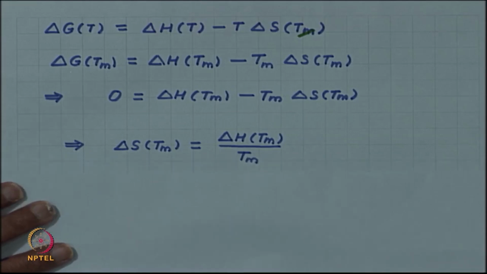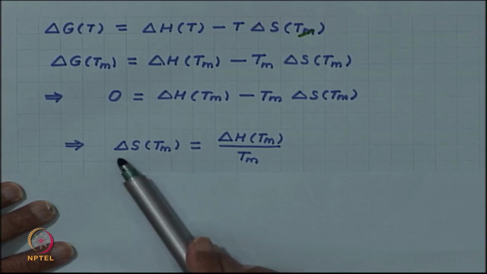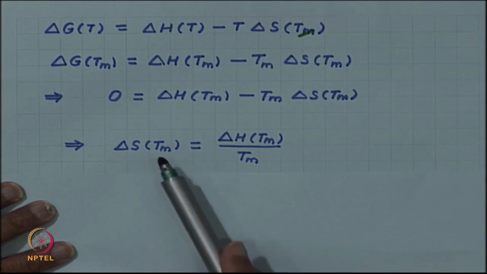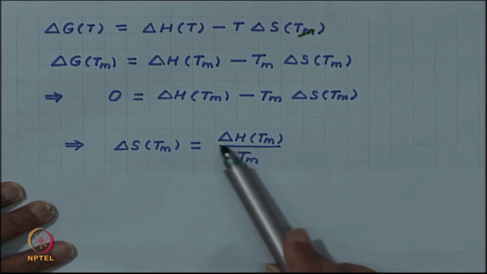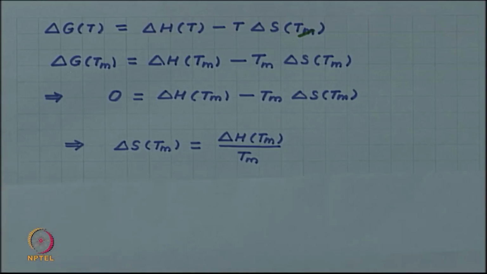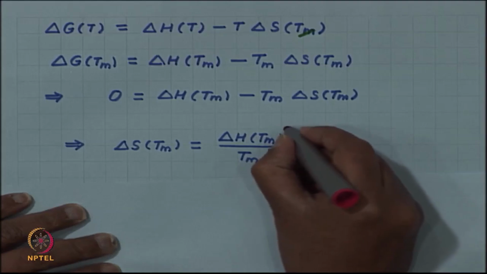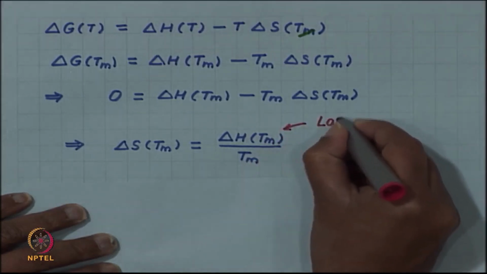So, if we rearrange, we see that the entropy change upon the transformation, upon freezing at the melting point, is nothing but enthalpy of melting divided by Tm, and this enthalpy of melting is nothing but what we commonly call the latent heat of melting.